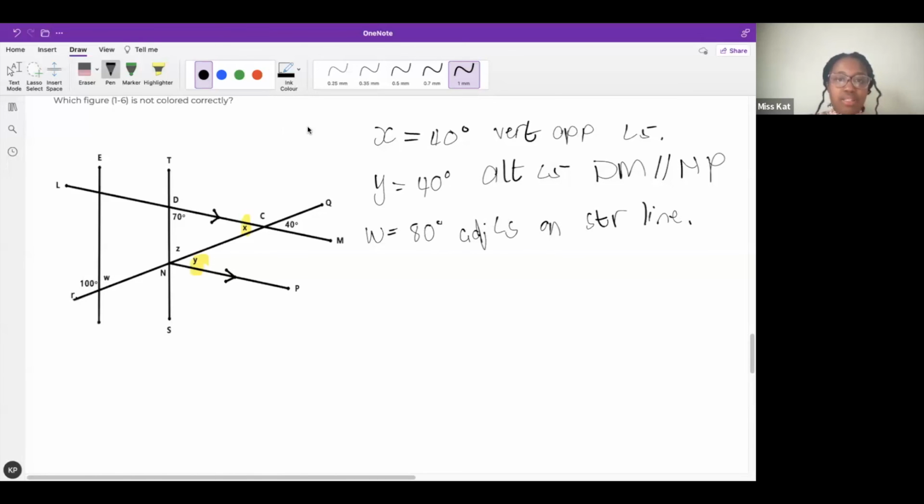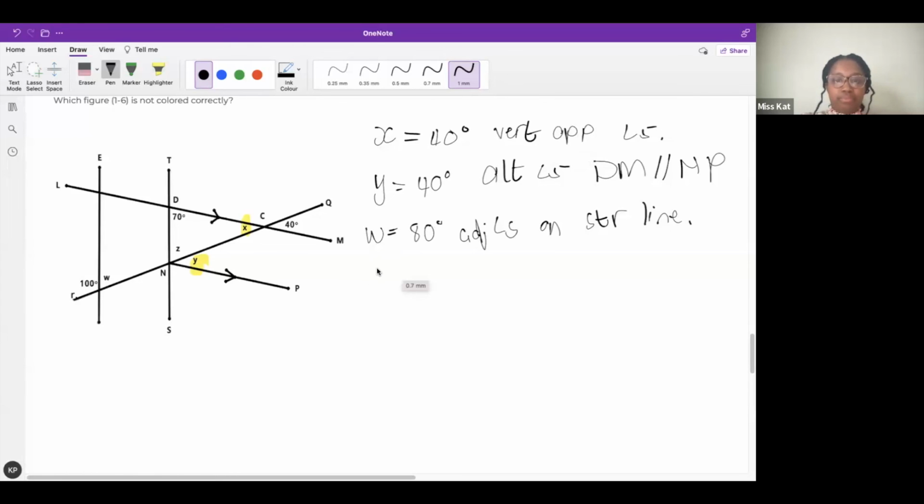Z is 70 because of corresponding with which one? No, it can't be corresponding angles. We can get Z using what, guys? Yes, Sia? Ma'am, isn't X equal to 40?